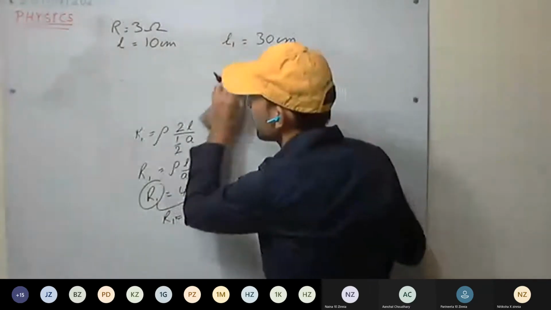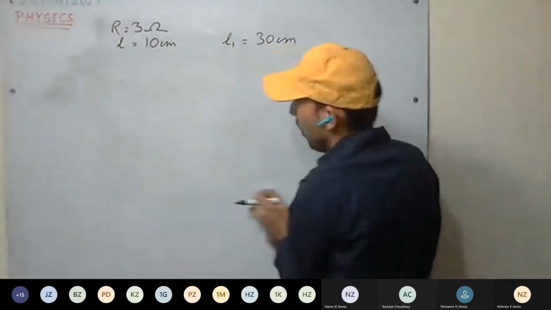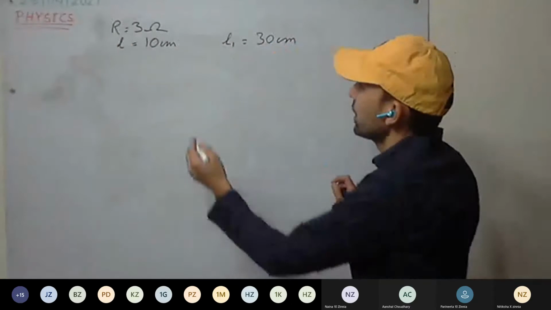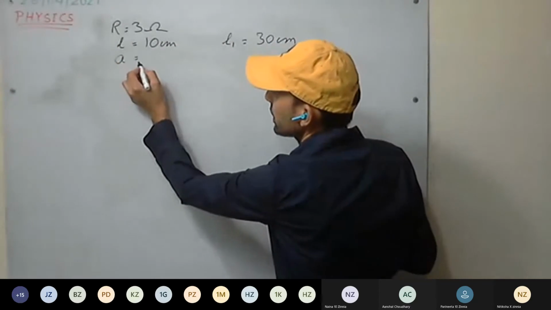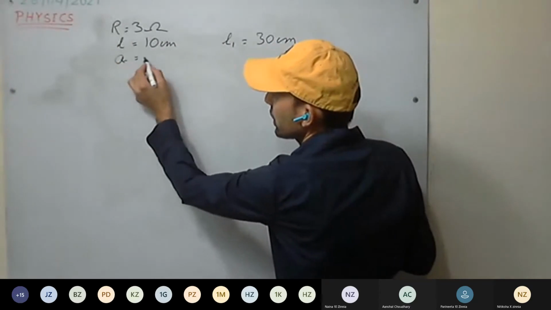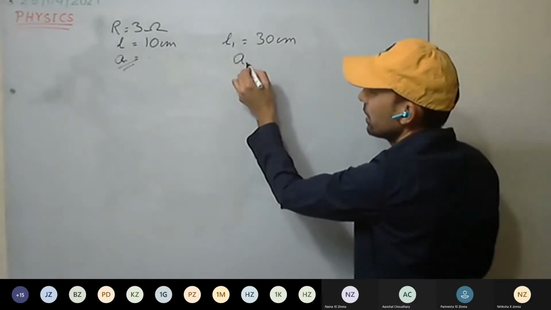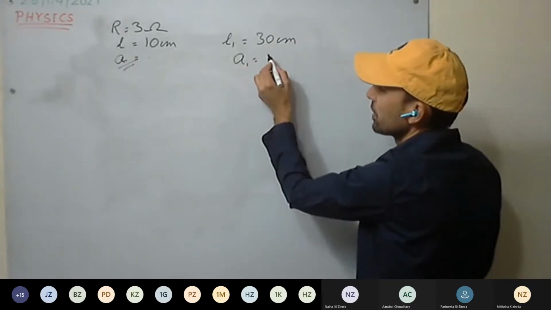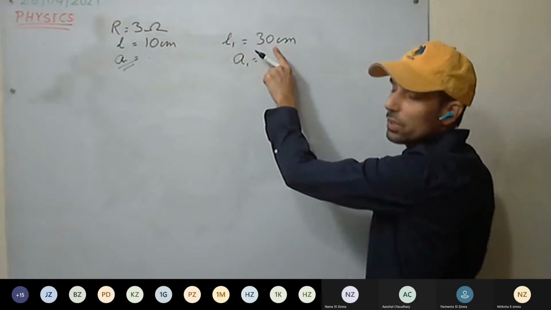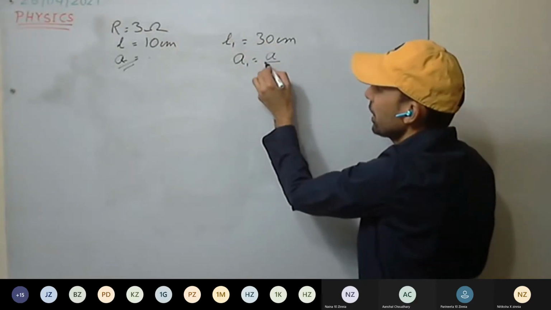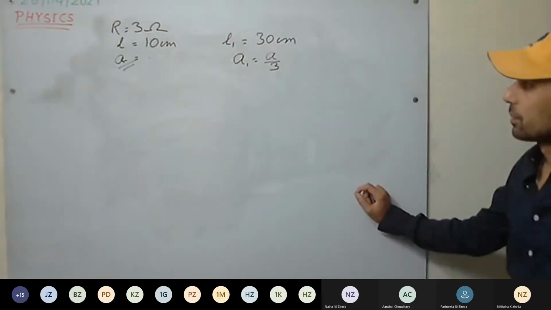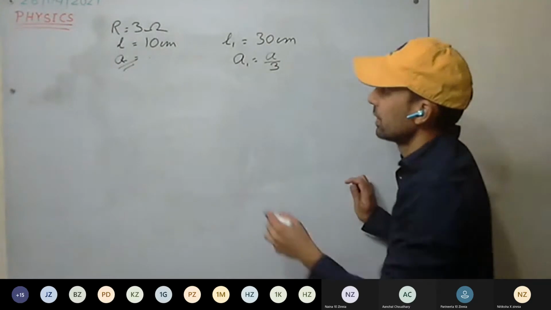Again the same way. If the area of cross section here is A, here the area of cross section will be how much? It has stretched to 3 times, so the area will be A by 3.